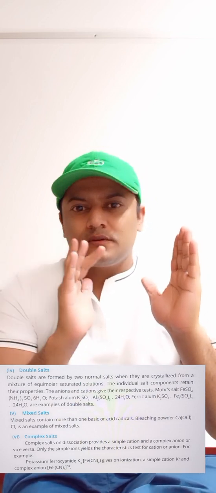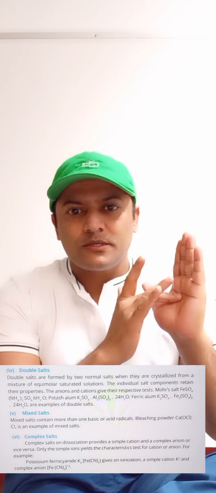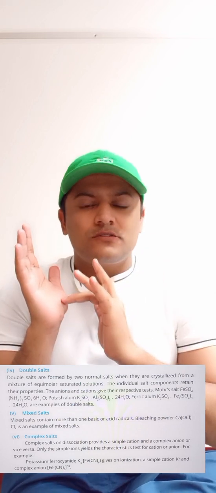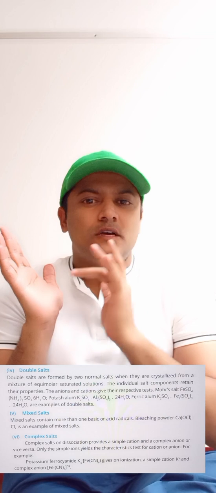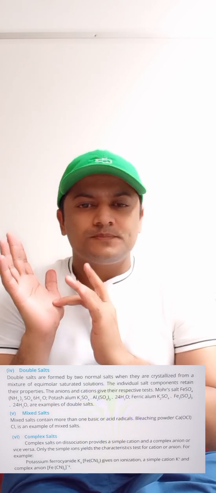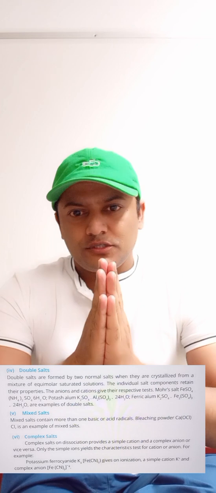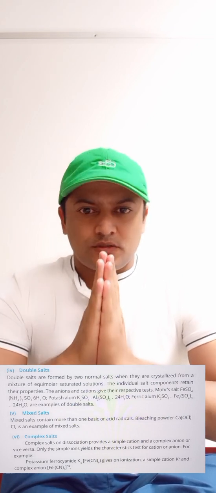Like if salt A has 2 moles, salt B should also have 2 moles. If this salt has 1 mole, this also should have 1 mole. So when we mix both these two salts together, the resulting product will be a double salt.